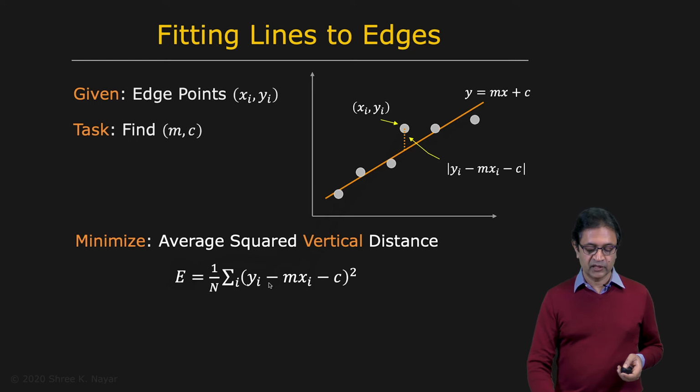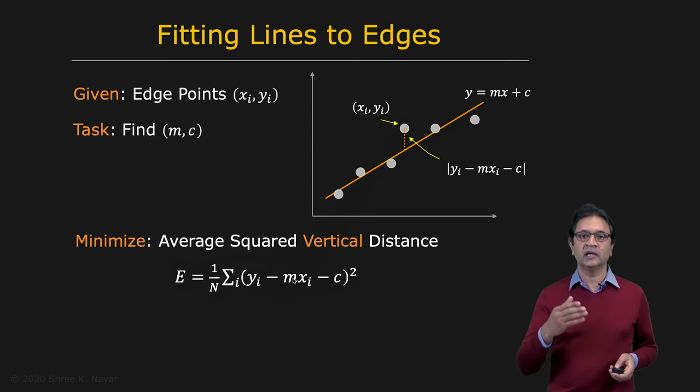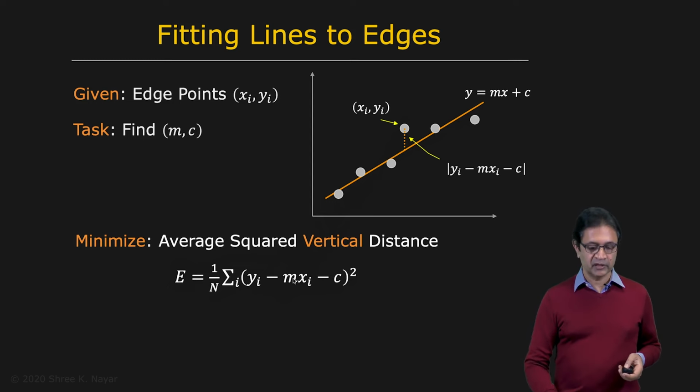So if you simply say yi minus mxi minus c, this expression represents the vertical distance of a point from the line. And so we're going to square all of those for all the points, add them up, and then divide by n. That's the average right here. So one reasonable thing to do would be to find the m and c that minimizes e.